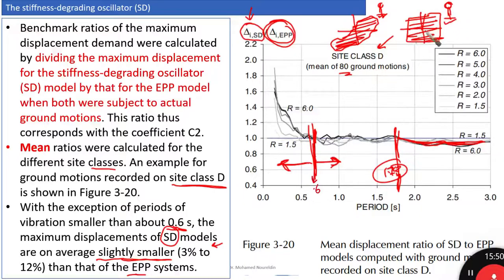Because if the energy dissipated within the hysteretic rule is large, this will reduce the maximum response. And the opposite applies, right? But here it is very surprising for us that they are almost the same, or even a little bit less. Okay, this is for delta SD over delta EPP.